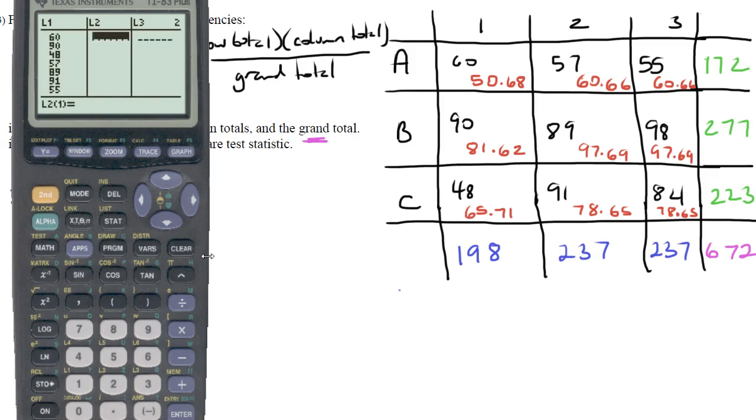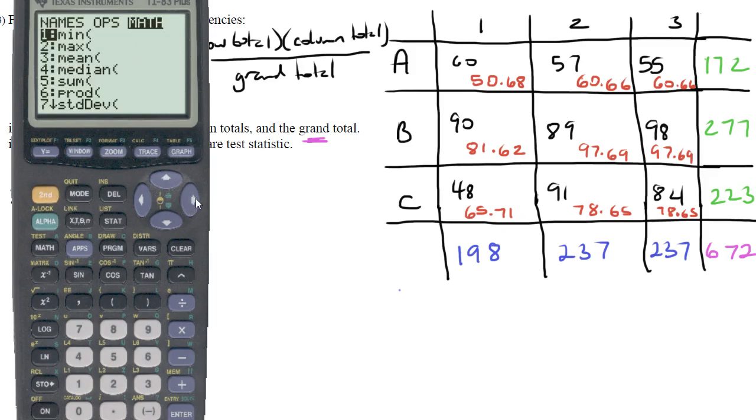Okay, and now my expected values, the corresponding ones: 50.68, 81.62, 65.71, 60.66, 97.69, 78.65, 60.66, 97.69, 78.65. Okay. And then just like before, quit out of there.